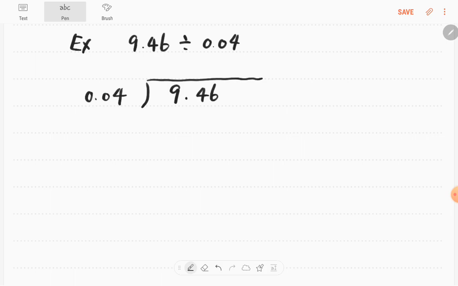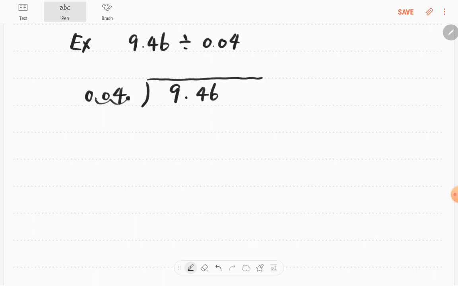So first step, we should change our divisor to be a whole number. So here it's 0.04, right? But we should switch this decimal into a whole number, which means we should switch 0.04 to 4. So we move our decimal point to right twice, right? So we change 0.04 to 4.